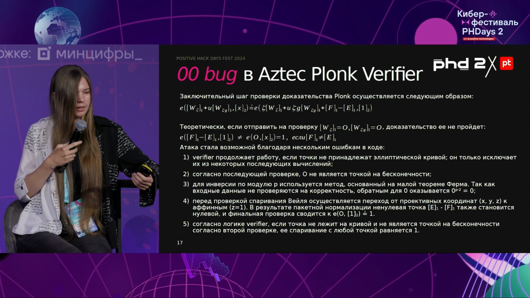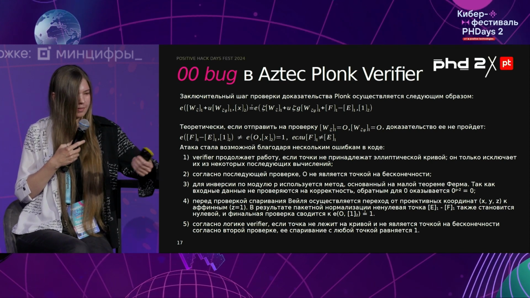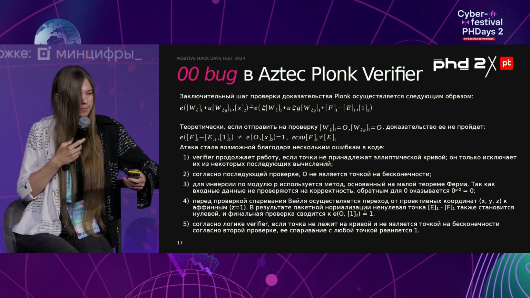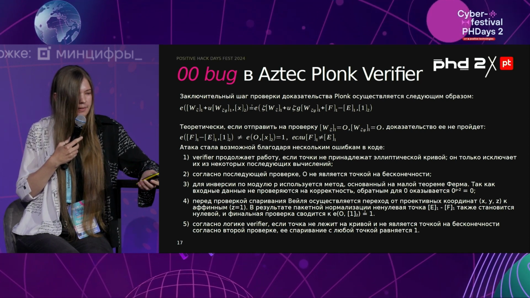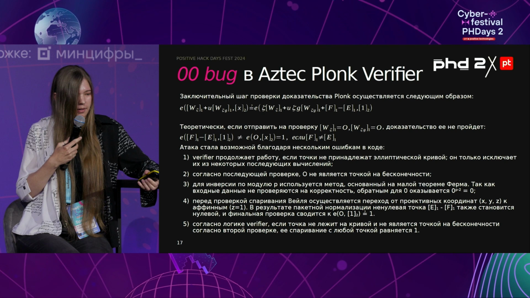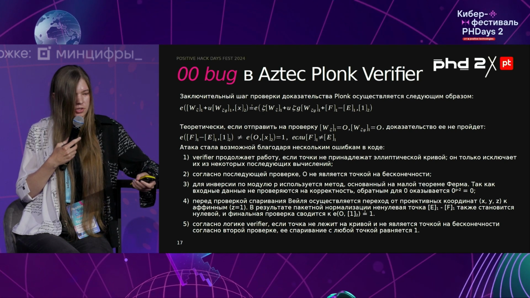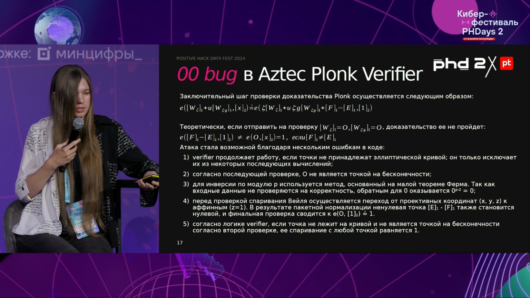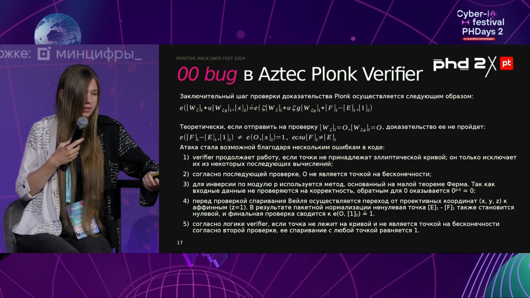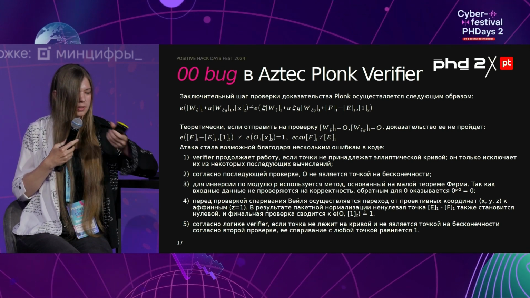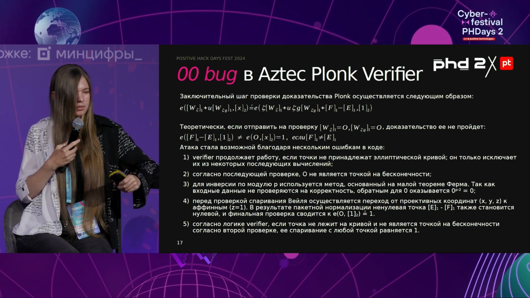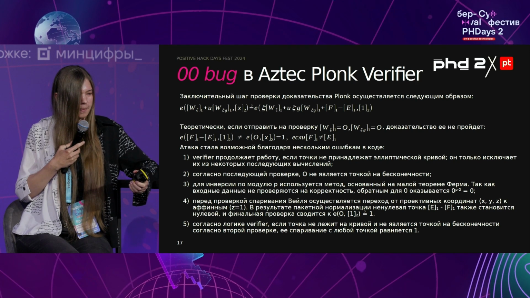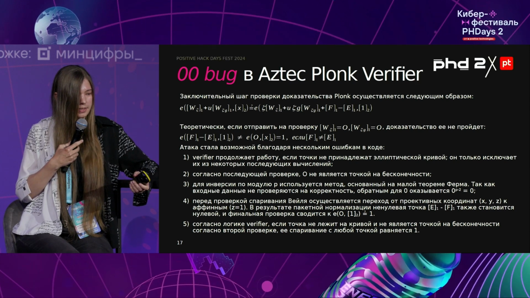So we are talking about the absence of a check of the input data, to which a lot of time was devoted in the previous presentation. Also, the O point is not the point at infinity. Different encodings are used here, and the O point is sent to a different code.